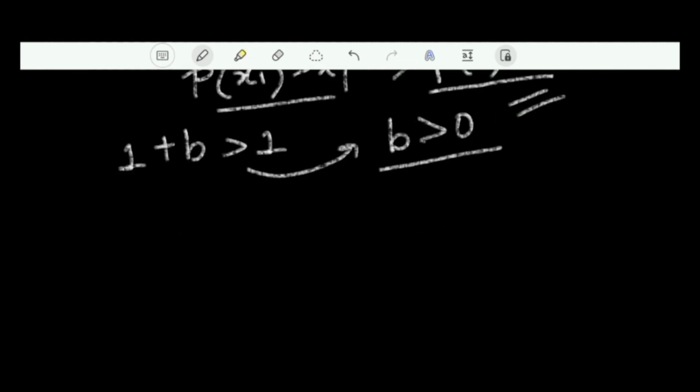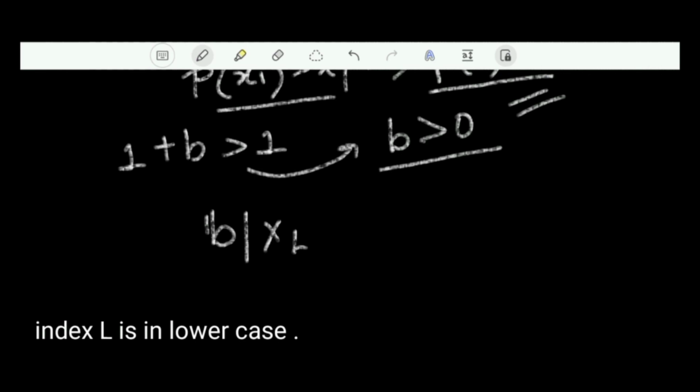If you remember, the statement of our problem is any positive integer b. So there must be a term in the sequence, let's say xl for instance, which is divisible by this b.